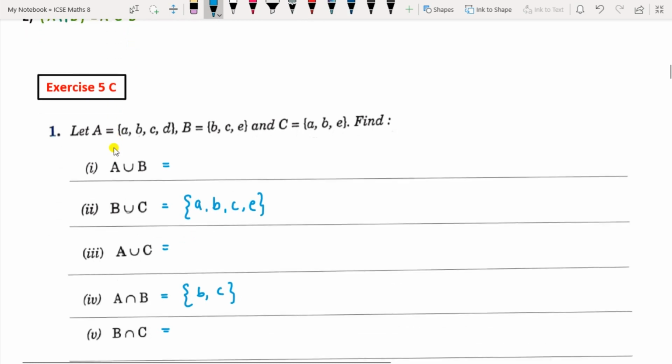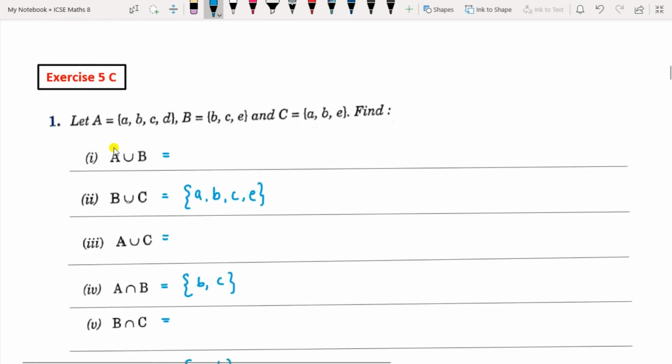So let us start with the first question of exercise 5C. Let A equal to {A, B, C, D} set is given, B is {B, C, E} and C is {A, B, E}. You have to find A union B. So write all the terms from A and B together in ascending order or in a sequence.